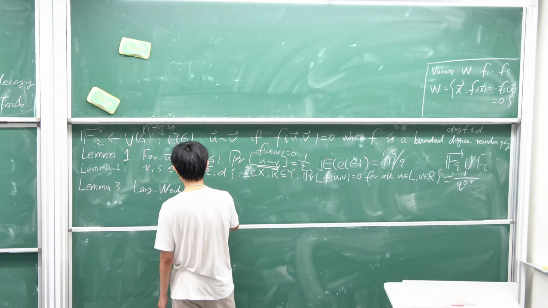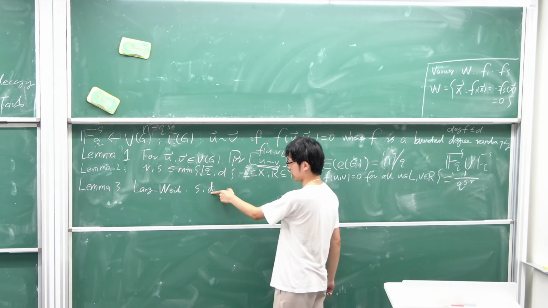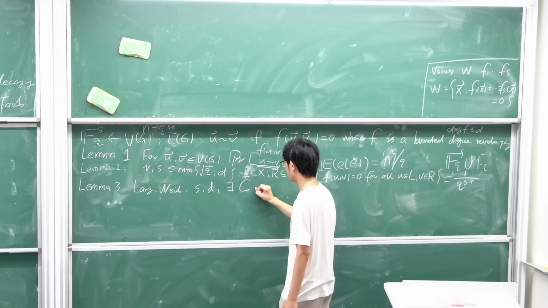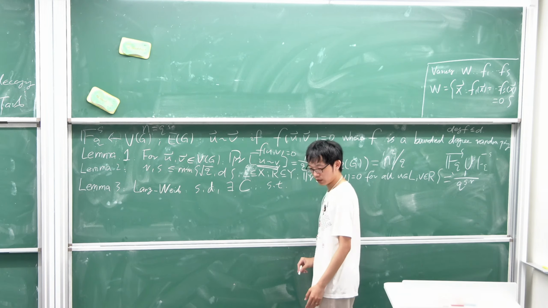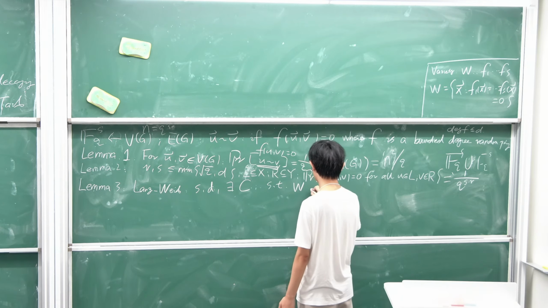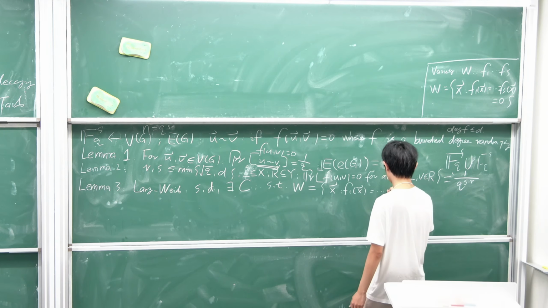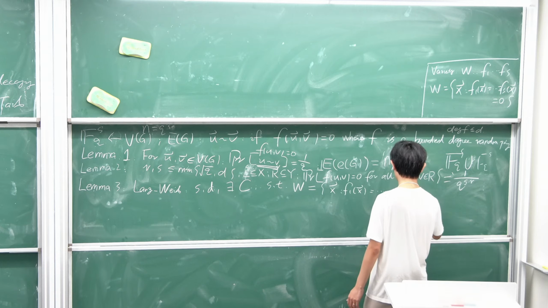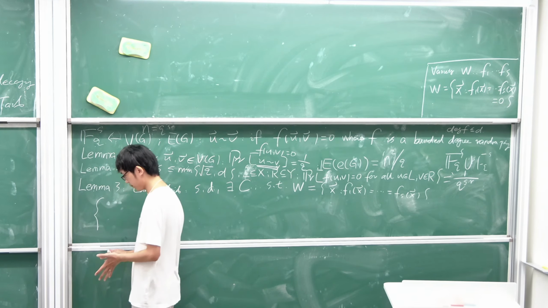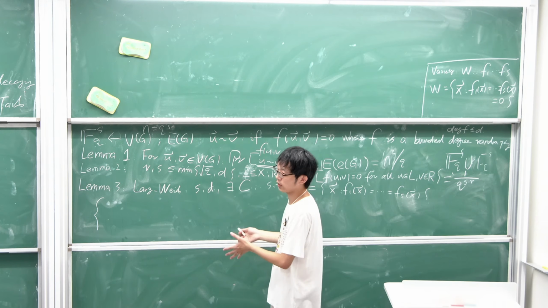For every number of polynomials S and bounded degree D, there exists some constant C such that if W is a variety of them, then the size of W is either very small, bounded by some constant, or very, very large.